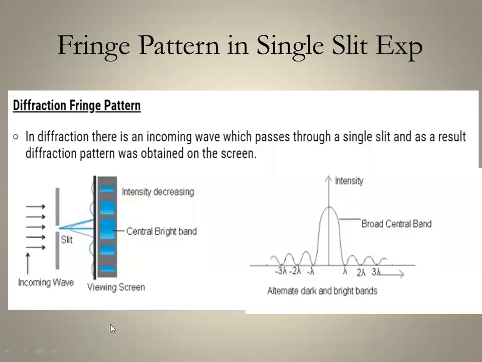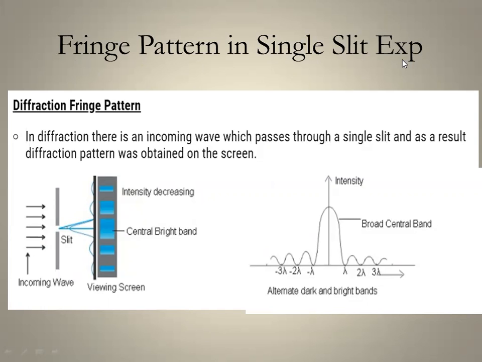Here is the fringe pattern in the single slit experiment, which is similar to that of Young's double slit experiment. In Young's double slit experiment, we can see two secondary sources, S1 and S2, or otherwise two slits.